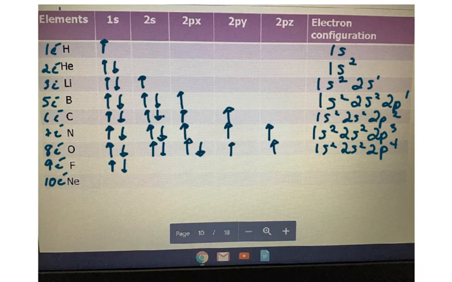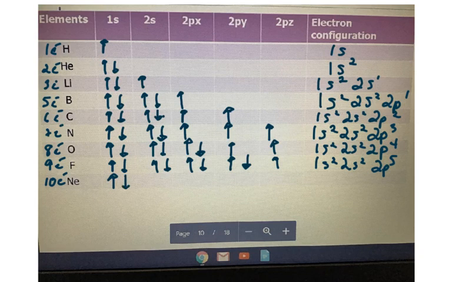Fluorine, same idea. We fill the first 2 levels like we always do. There's number 5, 6, 7, 8, and 9 that fluorine has. We have 1s2, 2s2, 2p5. And finally, with neon, we're going to be filling our levels like we've done all along.